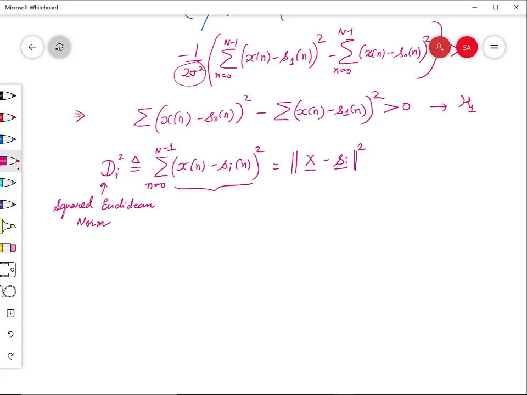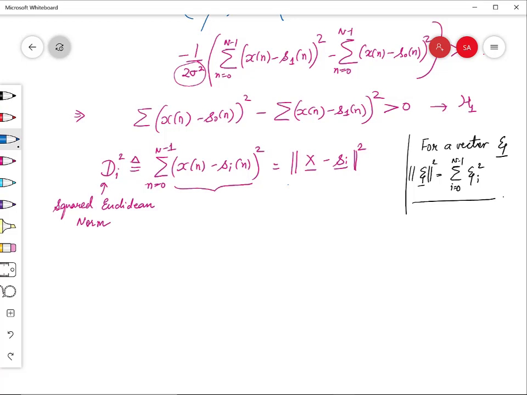We know that for a vector, say x_i, the norm squared of x_i is the summation of x_i squared over i, where i is the dimension of the vector, whatever the dimension is.